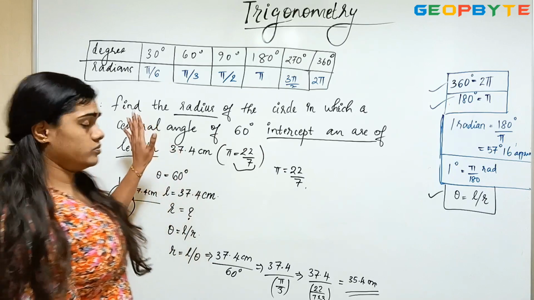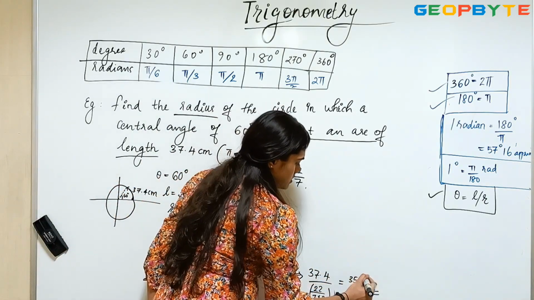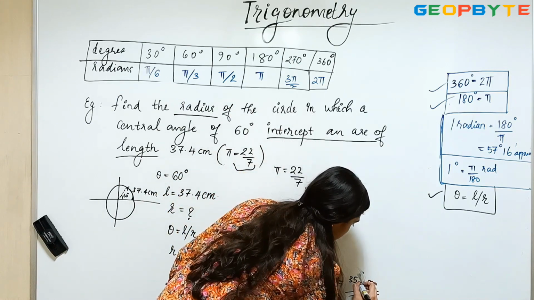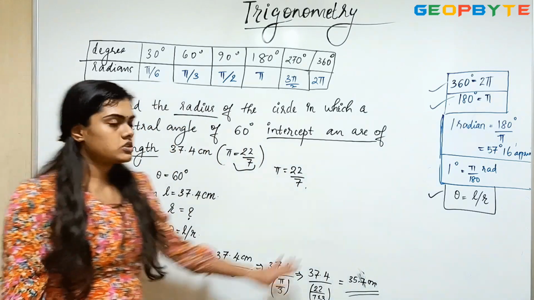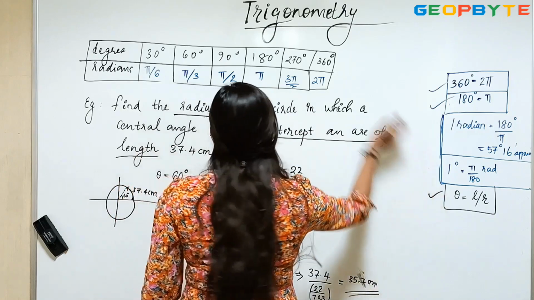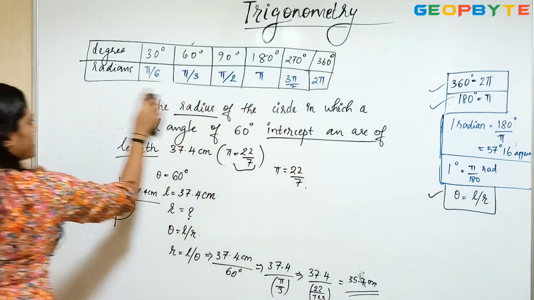So this is how you solve a problem with this formula. This is 35.7. So this is an example for using this formula, and we have even used this one. So see, now we are connecting all the things we have already learned.